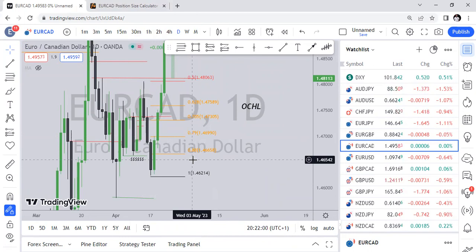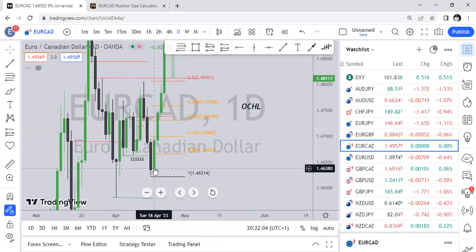Like if we're looking at this one, for example, we saw that the previous candle closed at this price. So at the beginning of the next market day, the market will open at the exact price that the previous day or the previous candle closed.